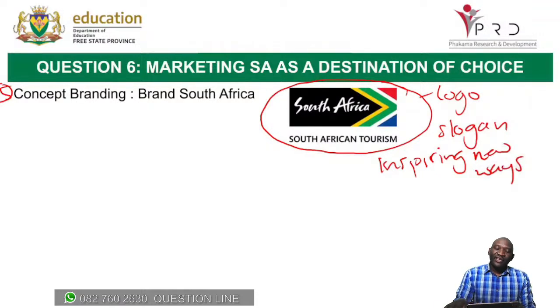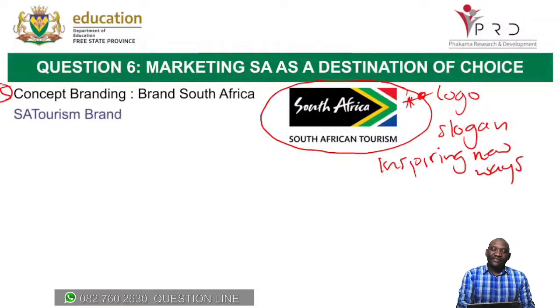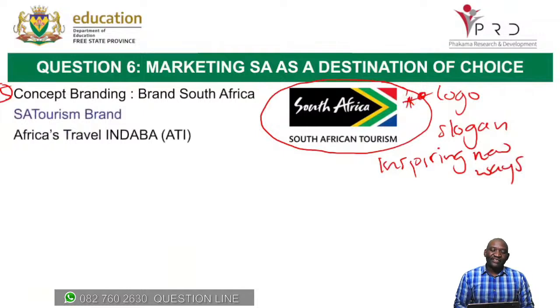So every time South African Tourism goes out to market themselves, they have to display this logo to show that we are a brand and we need you to buy us. And what are they buying? They're buying the products and services on offer from the different service providers in South Africa. And this is the brand of SA Tourism.